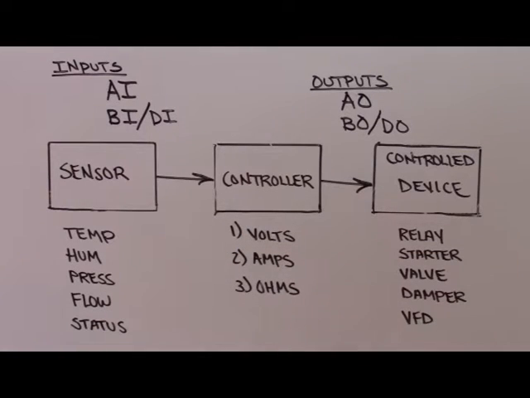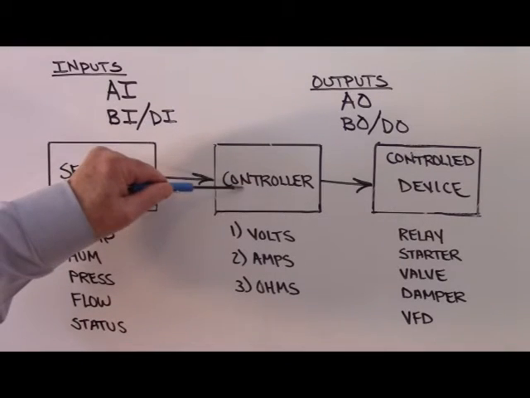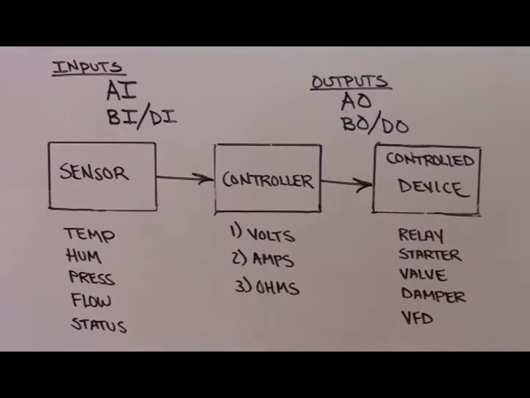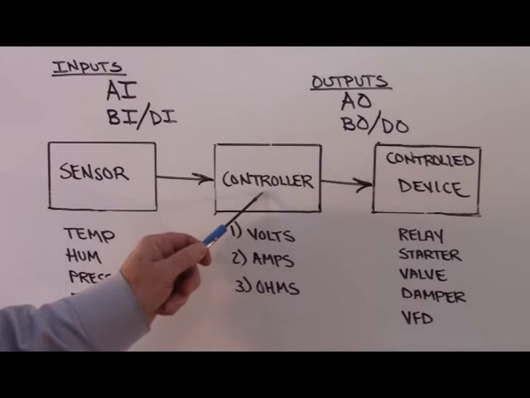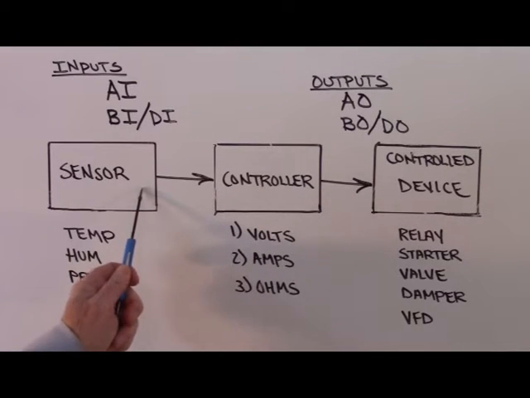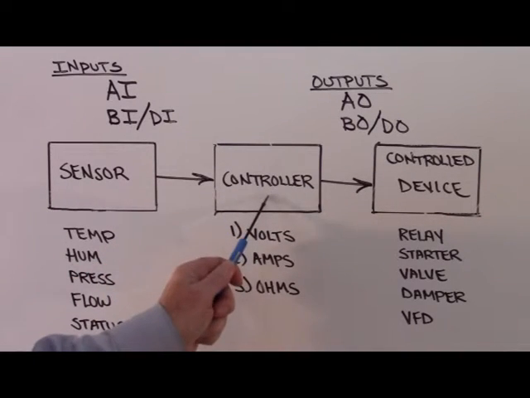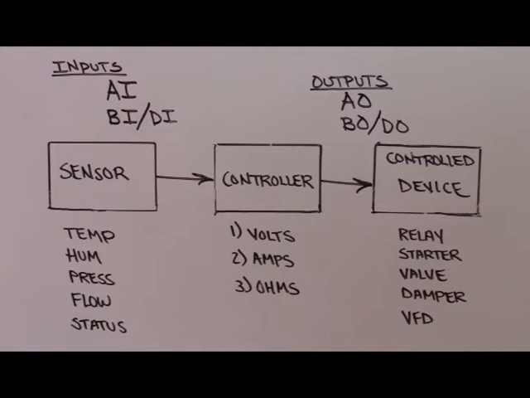Now, the controller is going to have the set point in it. This is where the set point, or the desired value that we're trying to maintain, is going to reside. So, for example, if you wanted to maintain 70 degrees Fahrenheit in a room, the temperature sensor here might measure 75 degrees, so it'll send a signal into the controller that represents the 75 degrees, but the controller's job now is to compare the 75 degrees the sensor sent it to the desired value of 70 degrees, which is the set point that we're trying to maintain.